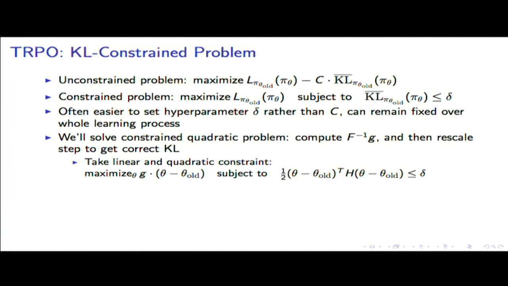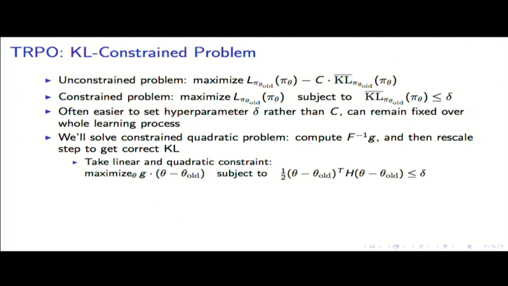All you have to do is rescale the step you got from the previous method by some scalar. The unconstrained problem we were solving before was to maximize the surrogate loss minus KL penalty. Now the constrained problem is to maximize subject to a constraint on KL divergence.